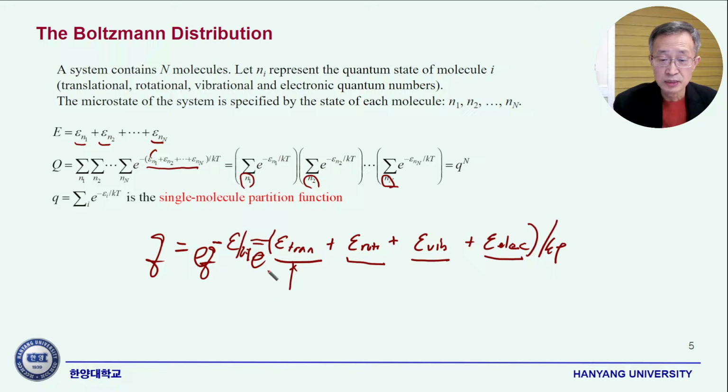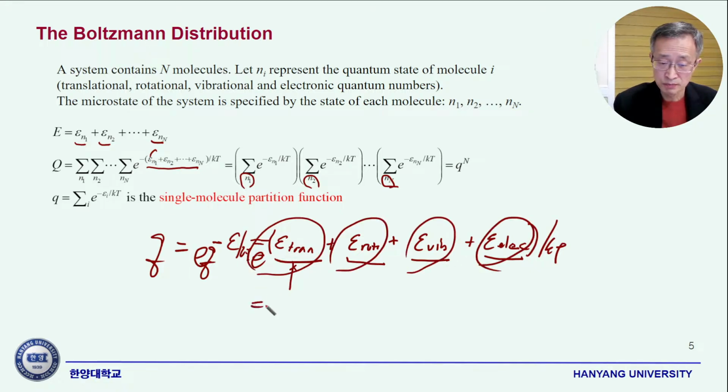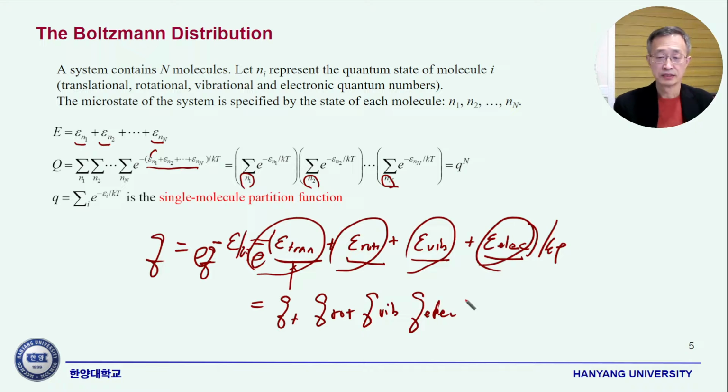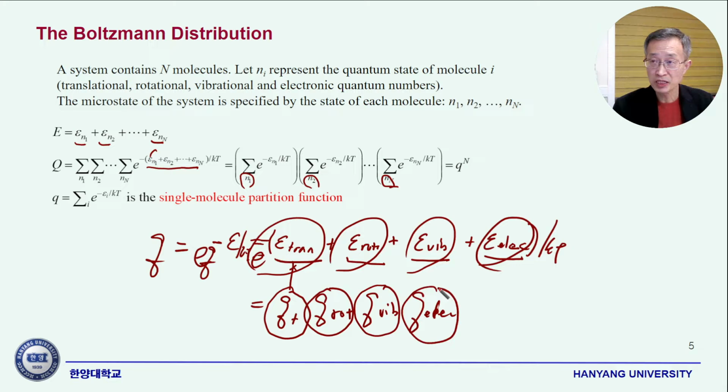Then this is the product of each term: q_trans, q_rot, q_vib, q_elec, just like that. So we obtain the molecular translational, rotational, vibrational, and electronic partition functions.